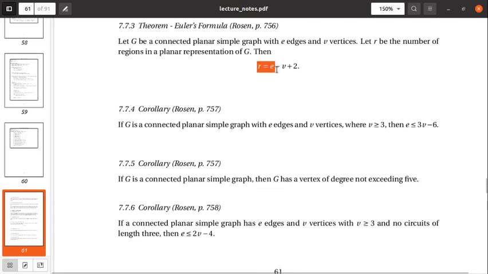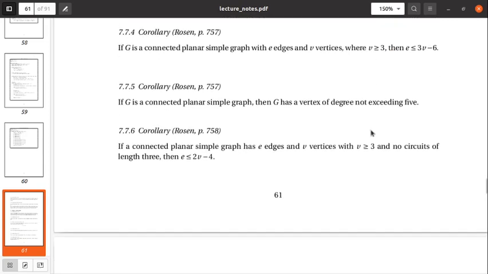Then we can compute R as the number of edges minus the number of vertices plus 2. Okay? This is like the number of different regions that you can color on your connected dots picture. Okay.